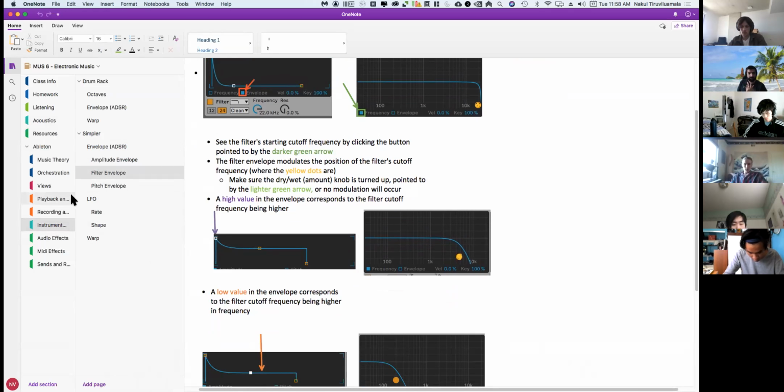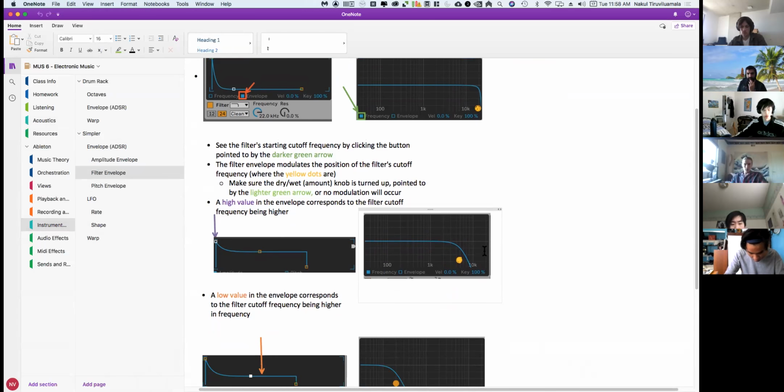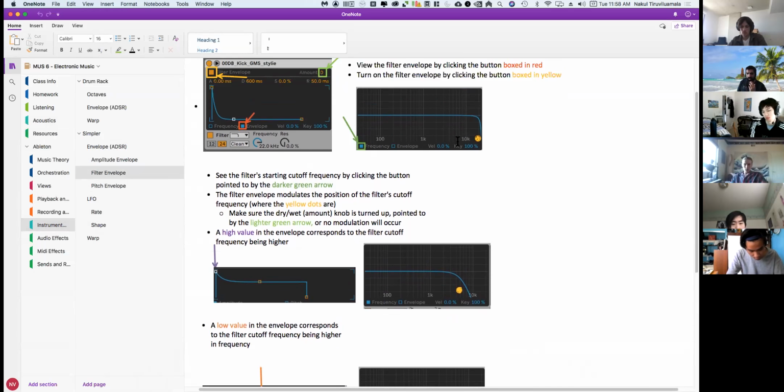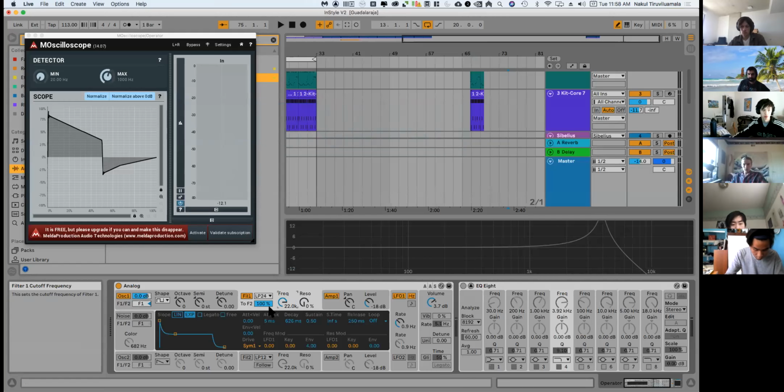But remember, what we're talking about when we're looking at this envelope shape for the filter is that we're moving this cutoff frequency around in time. The envelope right here pertains to the value of this frequency knob over time.